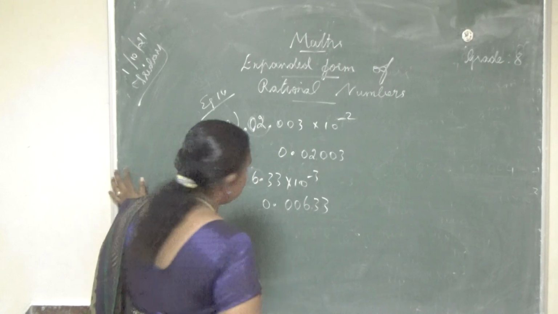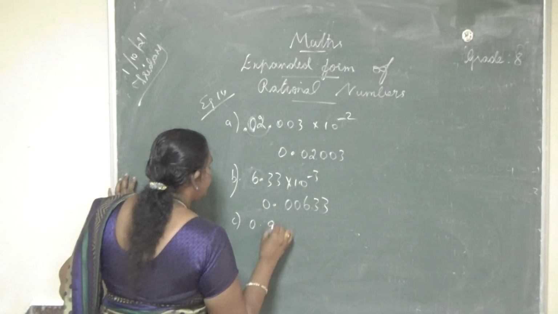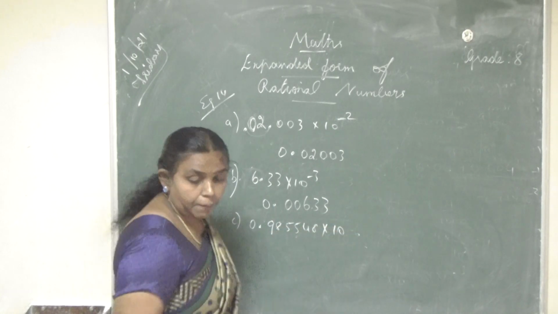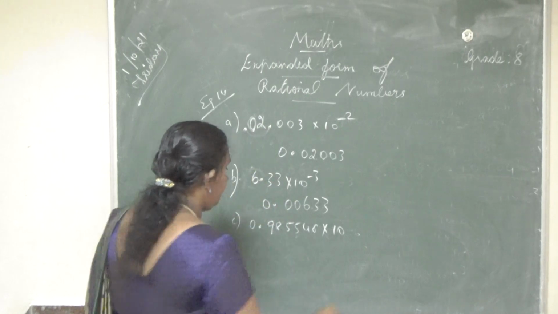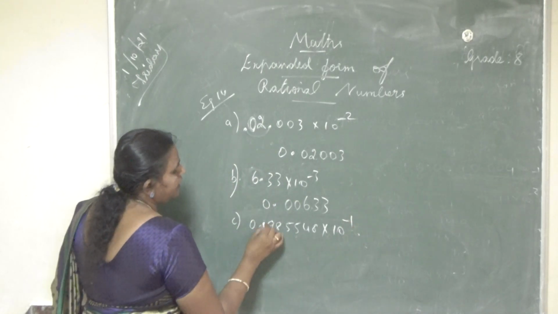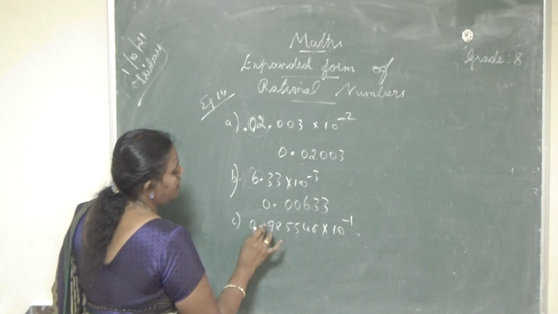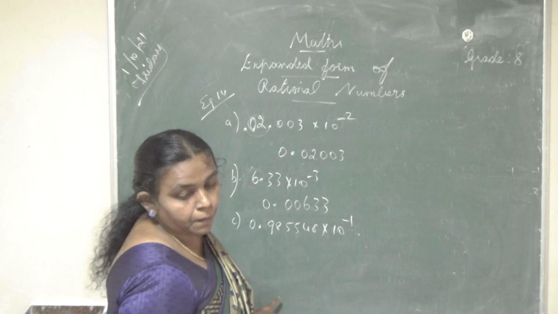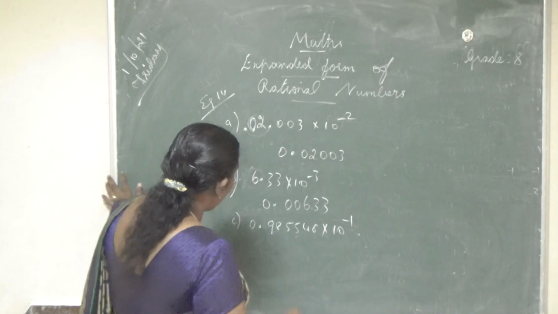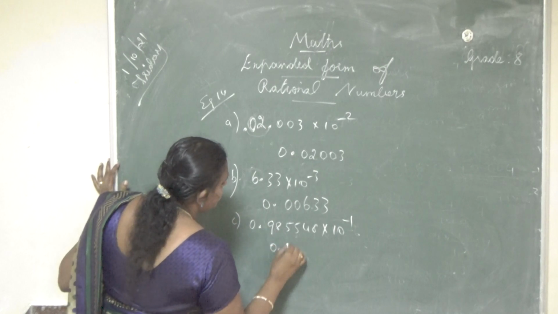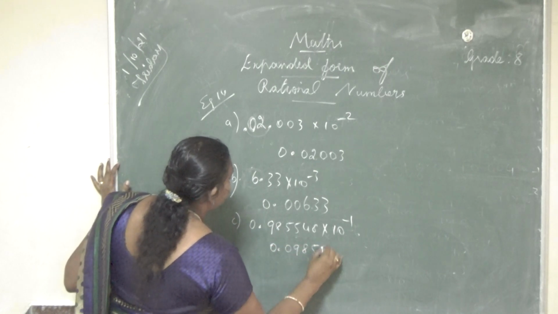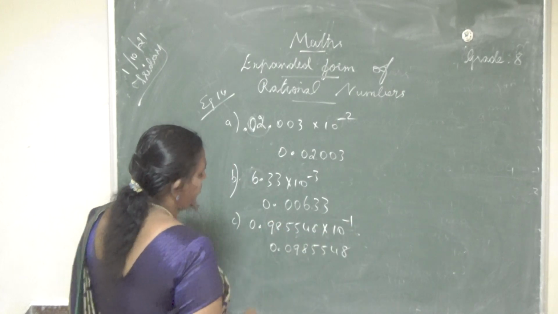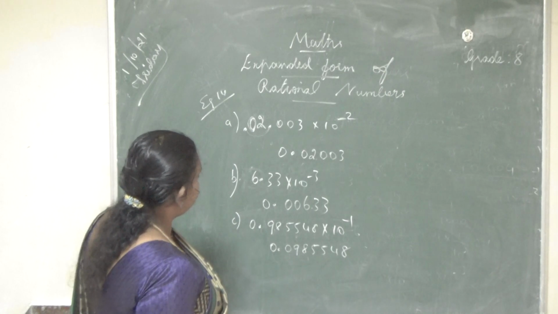0.985548 into 10 the power minus 1. Minus 1. So what happens? Here 1 has to come.